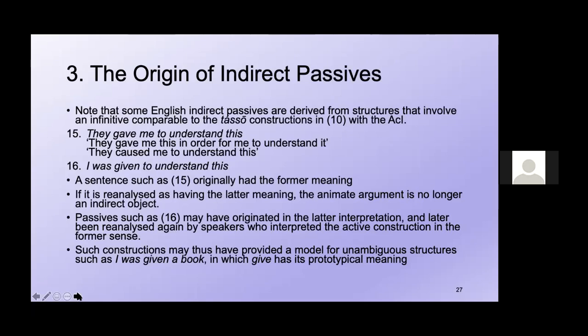And passives such as I was given to understand this may originally have been produced by speakers who had the latter interpretation, but speakers who understood the active in the formal sense would have reanalyzed them as indirect passives and used them as a model to produce unambiguous indirect passives such as I was given a book.